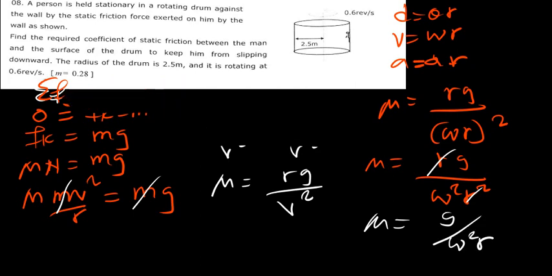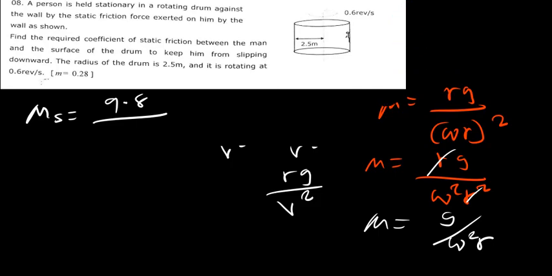Let's plug in the values, if at all what we are doing is right. So the mu s will be equal to, G is 9.8 divided by, now we have to change this guy. It's not supposed to be in revolution, it's supposed to be in rad per second.